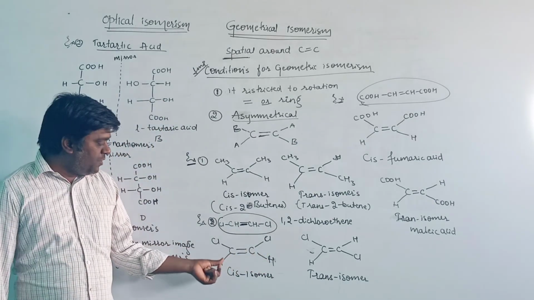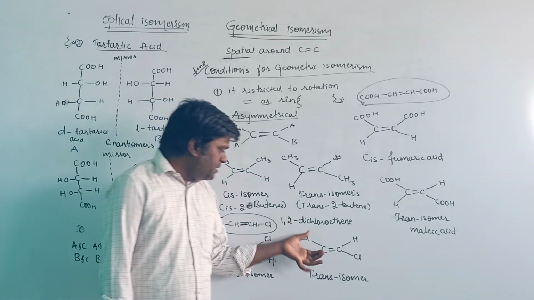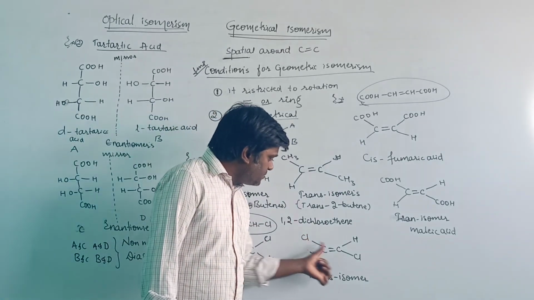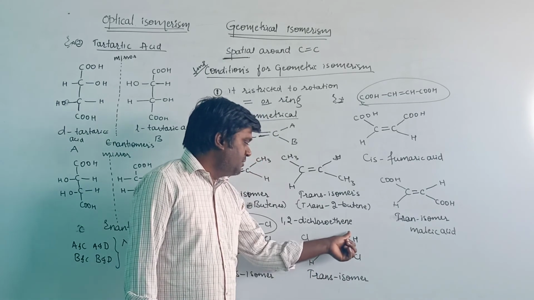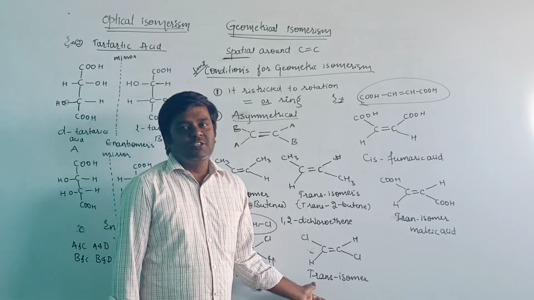Therefore, such compounds are known as cis isomers. Here, the same groups are on opposite sides, so this is known as the trans isomer.